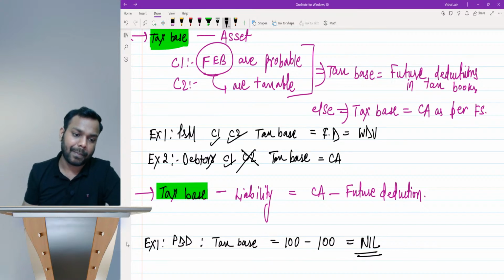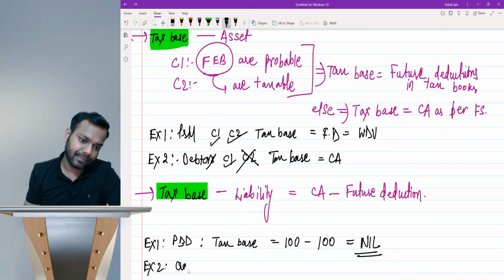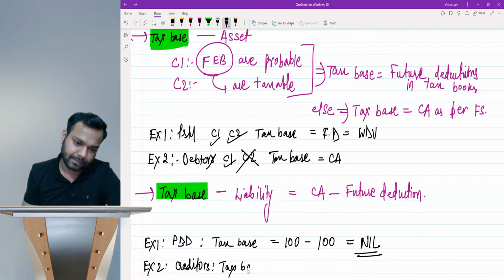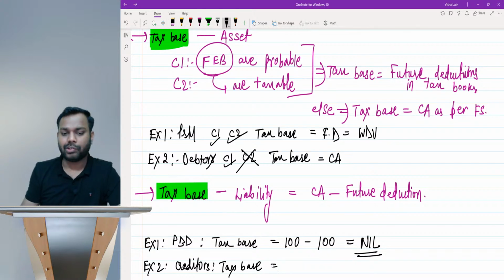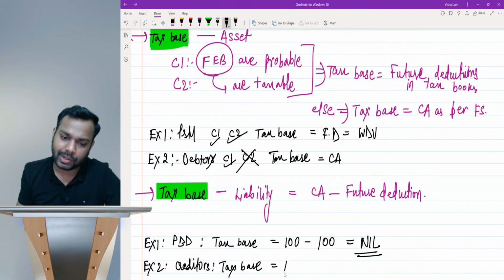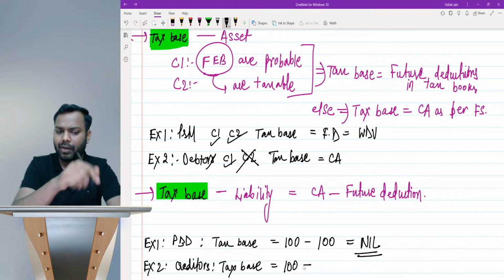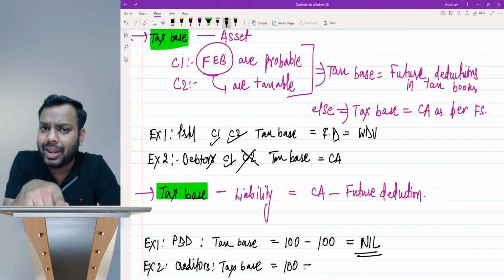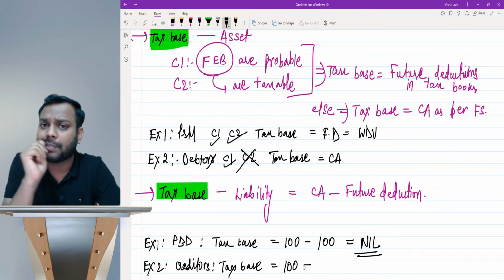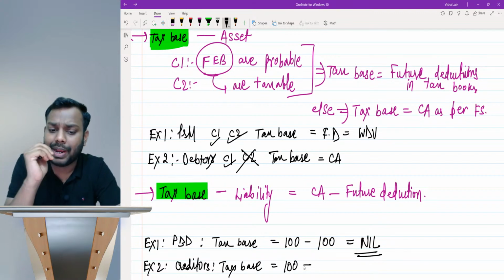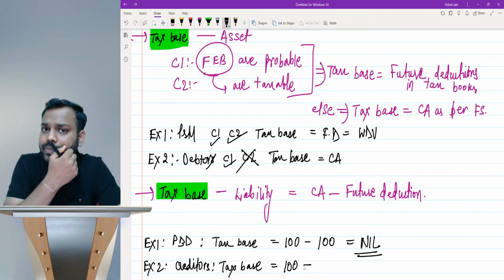Now, let me take up example number 2. Creditors. Tax base is equal to, let's suppose the carrying amount is $100. With respect to creditors, will we get any future deductions in the tax books?